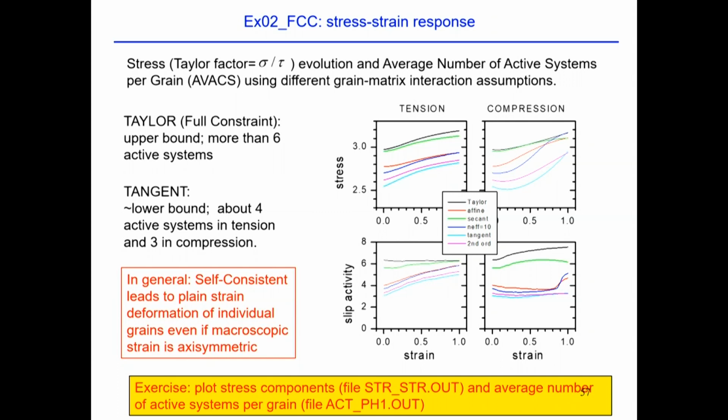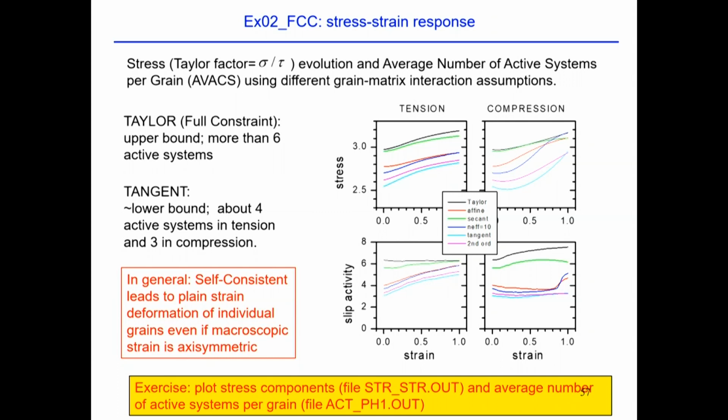And the evolution and increase here has to do with the fact that the texture is evolving. So there is no hardening at the grain level. The Voce law is constant all the time. So any change in the yield stress is coming from a texture effect. So that is what is called texture hardening. That illustrates texture hardening.